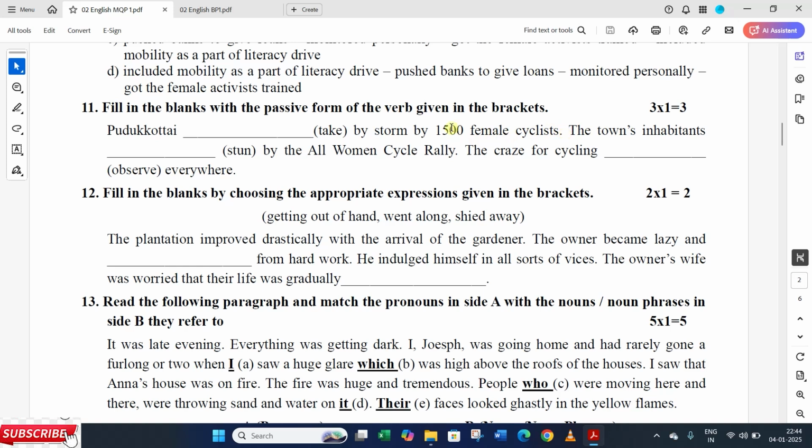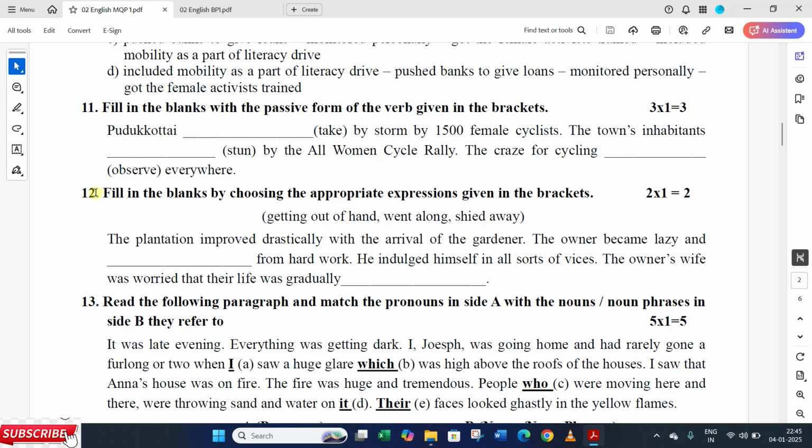The town's inhabitants dash, again with the verb given in the bracket, by all women cycle rally, and the craze for cycling dash, again with the verb observed in the bracket, everywhere. So you have to write the right form of the verb which is given in the bracket.